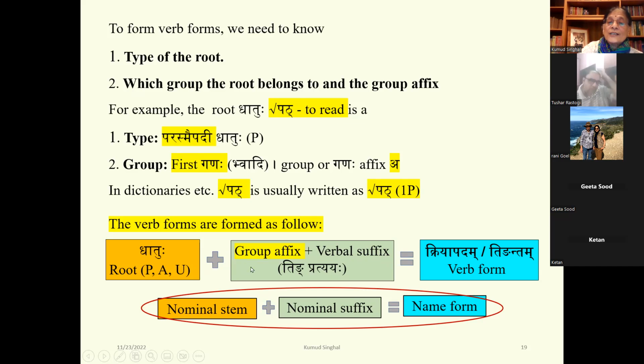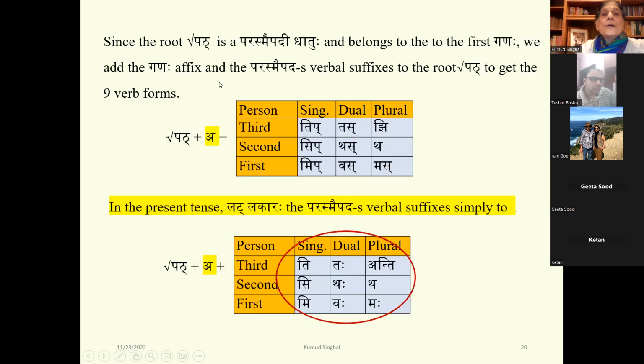And an additional thing from the name form is this addition of a group affix. So now, since the root pat is a parasmai dhatu and it belongs to the first gana, we add the gana affix and the parasmaipada verbal suffixes to the root pat to get the nine forms.